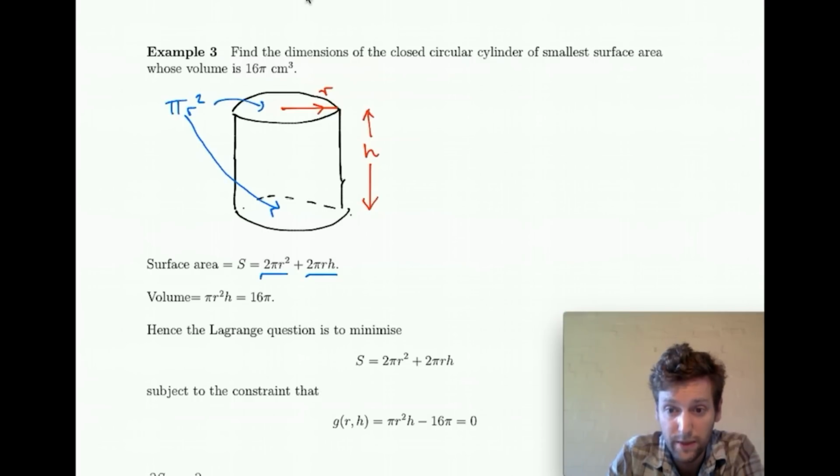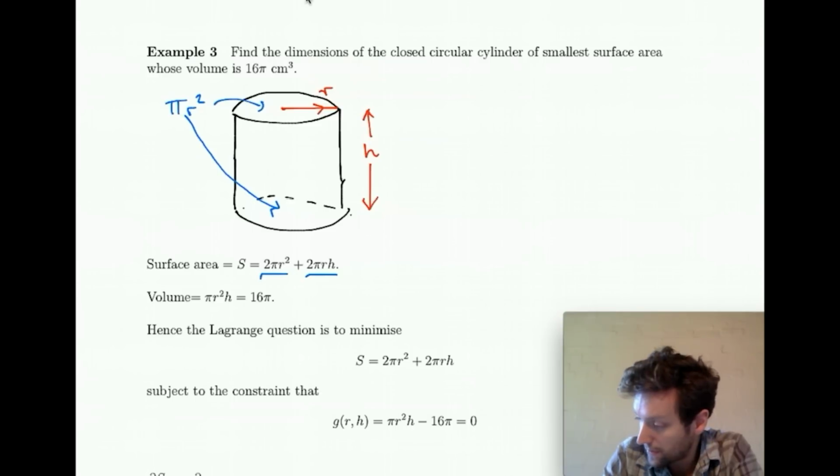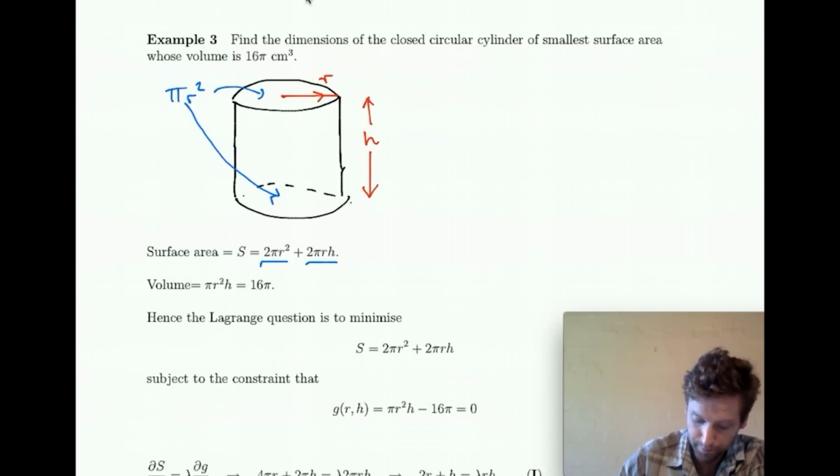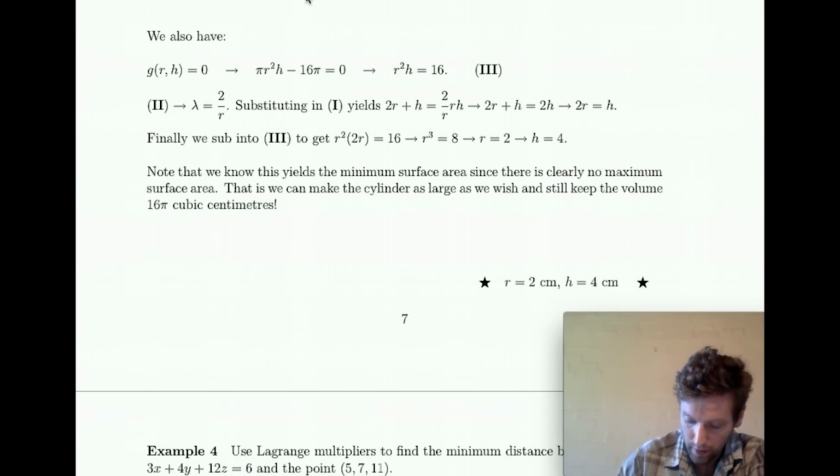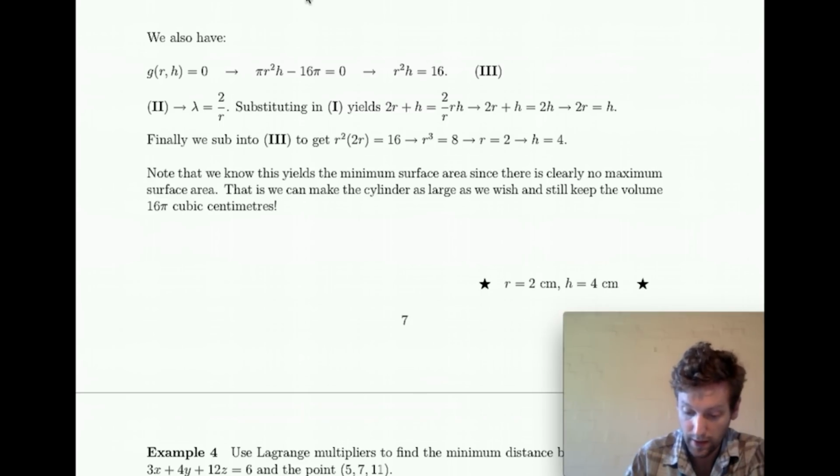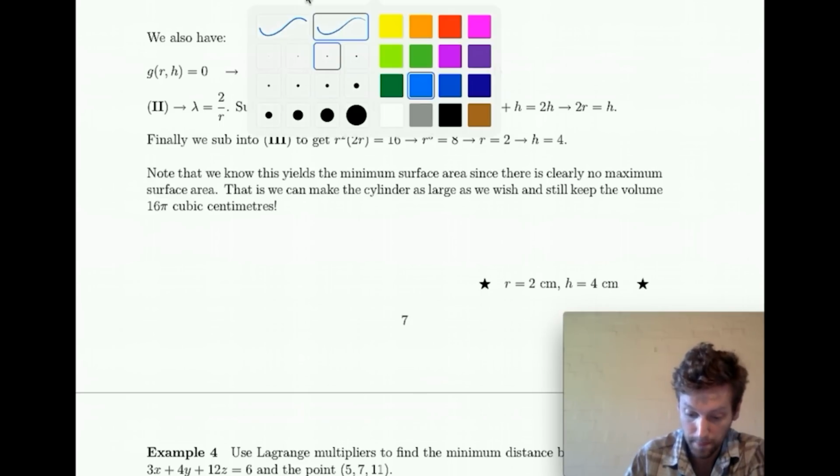I can make it really long and skinny, with a very large surface area but a constant volume. So there is no maximum surface area. What we're looking at here is the minimum surface area, and that's given by the values of R equals 2 and H equals 4.